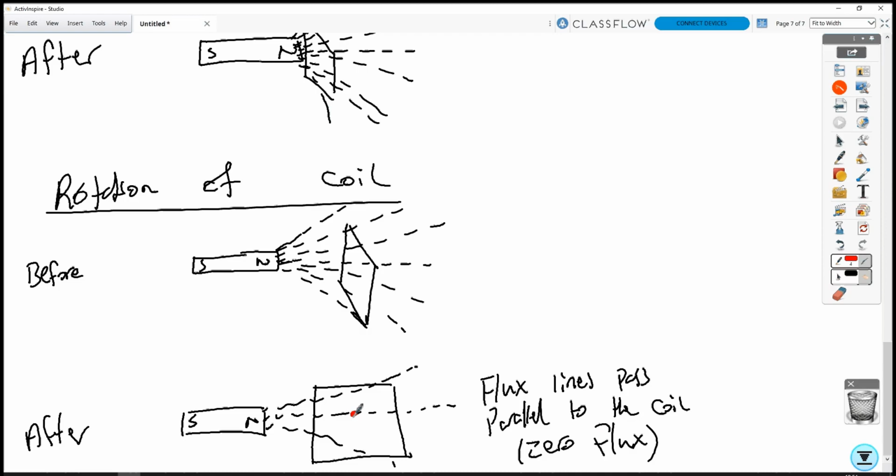And in the case of the before scenario, we can draw the indicator as coming out like so. And in that situation, it's at 0 degrees to the flux. And so therefore, there's maximum flux in the beginning. So if you're rotating from the beginning to the end, in between that, you're changing the flux from its maximum value all the way down to its minimum value.